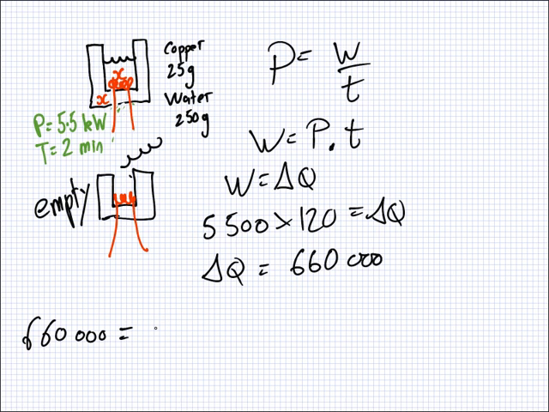Remember our second law of thermodynamics? The heat flows from the hot to the cold. So the water must be hotter than the copper until perhaps it reaches thermal equilibrium, and then they could both be the same. But the copper can't get hotter than the water because the heat is flowing from the inside to the outside. If the copper was hotter than the water, then the heat from the copper would flow back into the water.